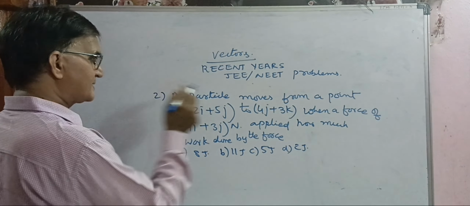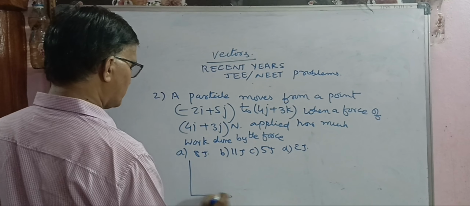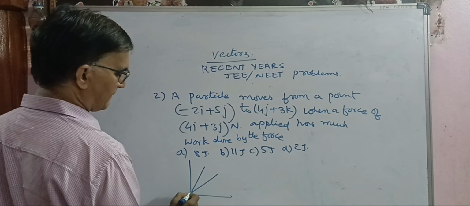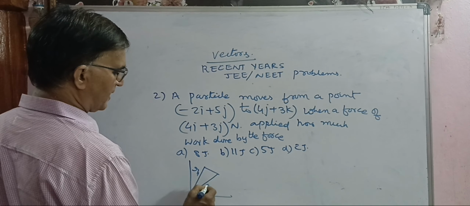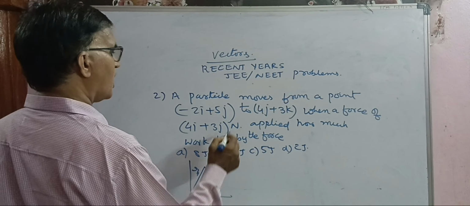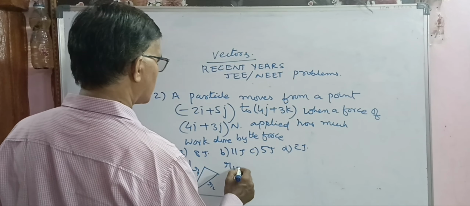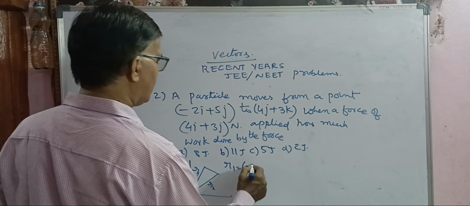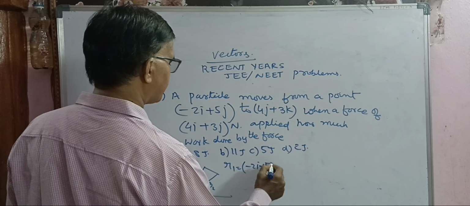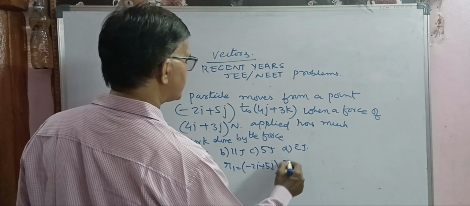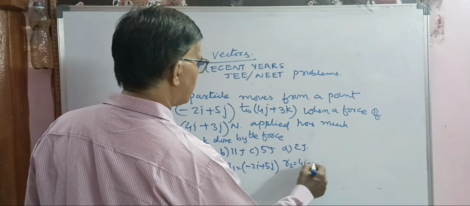Now in this case, the particle moves from one point to another, so you take position vectors R1 and R2. R1 is minus 2i plus 5j. R2 is 4j plus 3k.